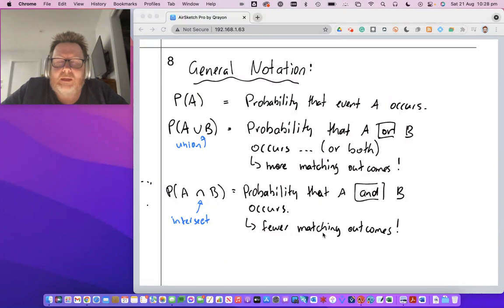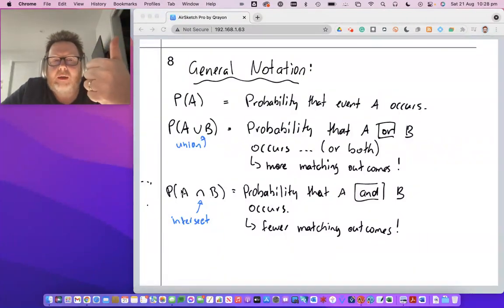Using the same example as before, even numbers and prime numbers: 2 is even and prime, so that would be in. 1 is neither prime nor even, so it wouldn't be in. 3 is prime but not even, so it's not in. 4 is even but not prime, so it's not in. 5 is prime but not even, so it's not in. And 6 is even but not prime, so it's not in. So the only number that would match for A intersect B is 2.